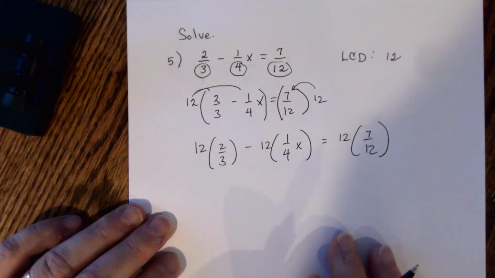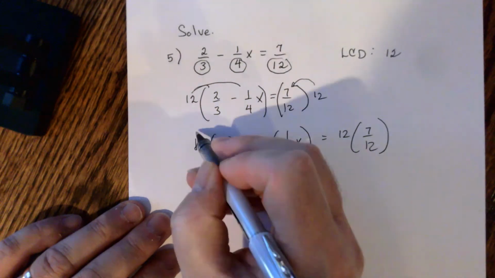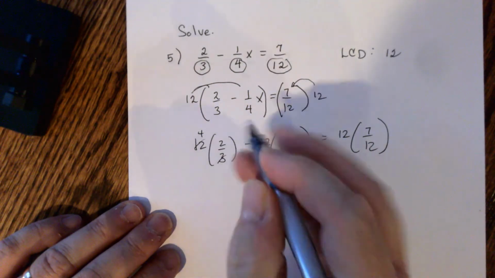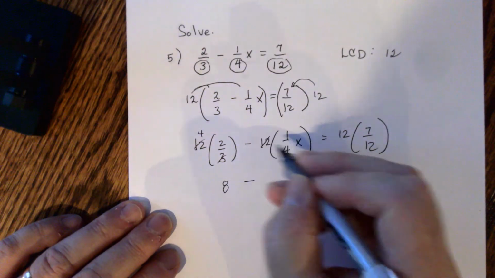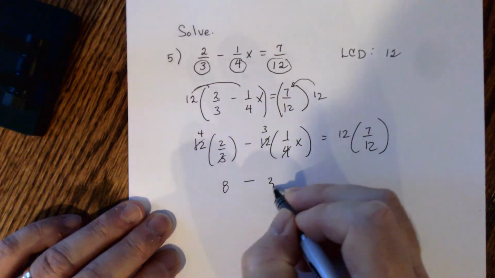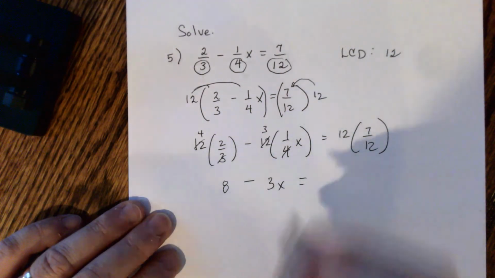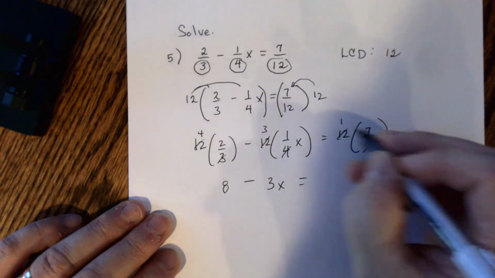Now let's see what happens. 12 divided by 3 is 4. 4 times 2 is 8. Minus 12 divided by 4 is 3. 3 times x is 3x equals 12 divided by 12 is 1, and 1 times 7 is 7.